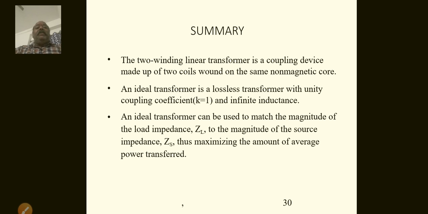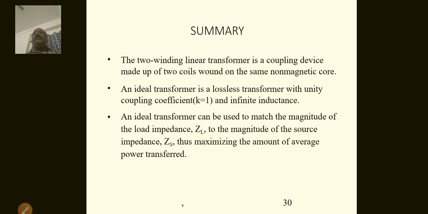The two winding linear transformer is a coupled device made up of two coils wound on the same non-magnetic core. Already we know that. That is the transformer fabrication. An ideal transformer is a lossless transformer with unity coupling coefficient. So coupling coefficient K equals 1.